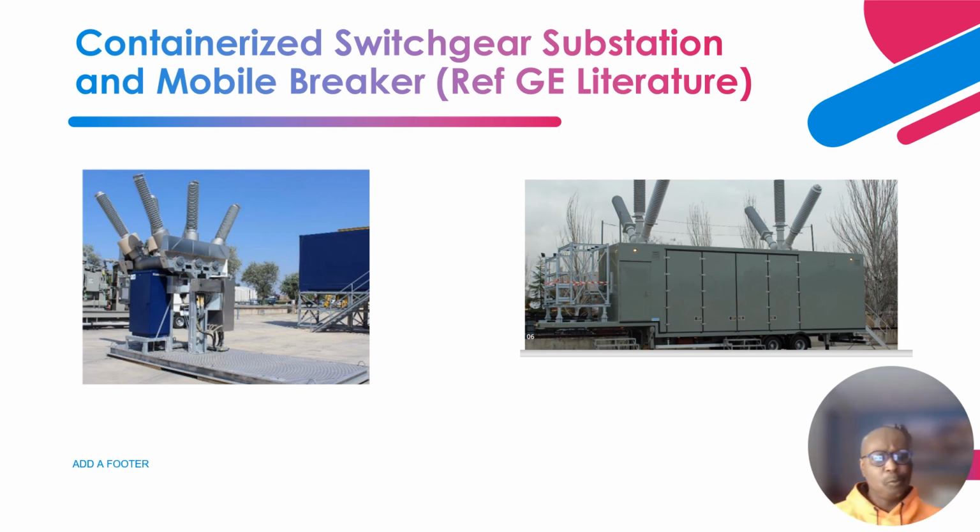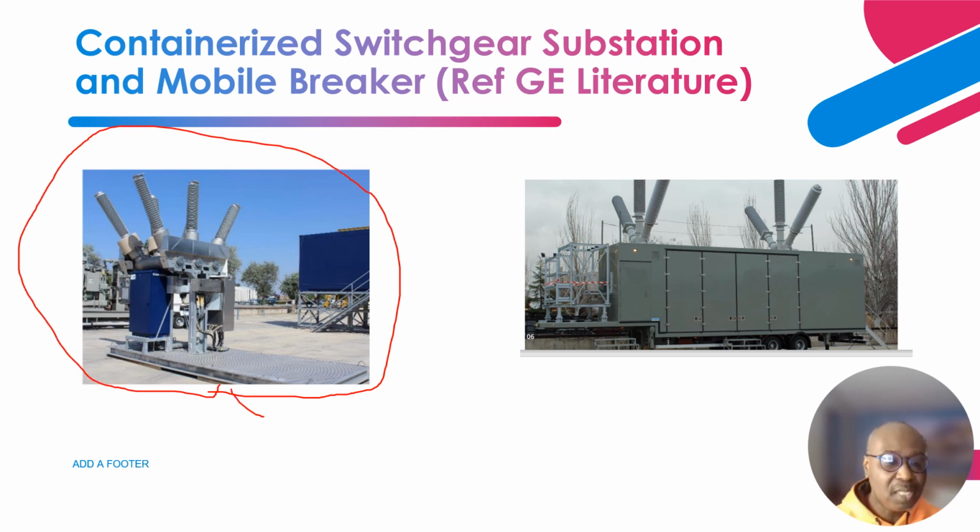Okay, so now remember I made mention that sometimes you have a mobile substation with no breaker on the high side of the transformer. So then it becomes necessary that you should have a high side mobile breaker.